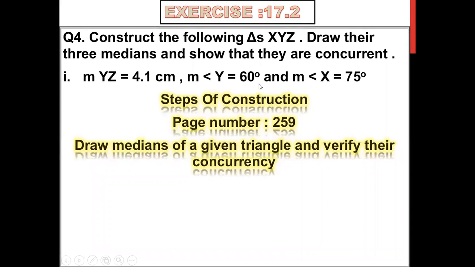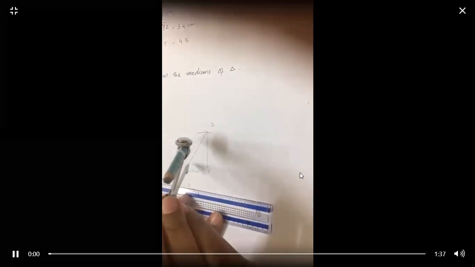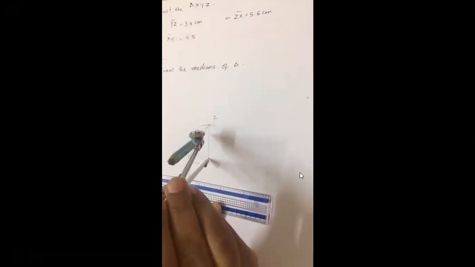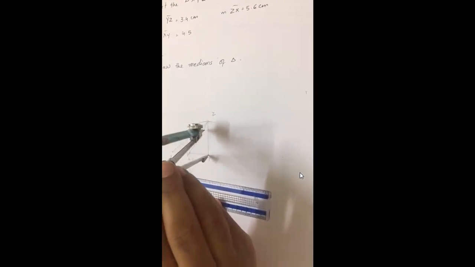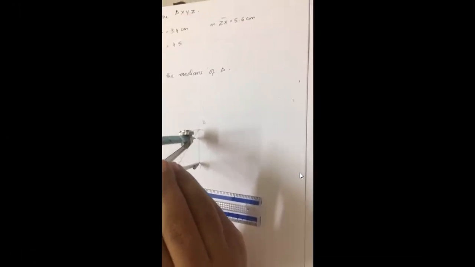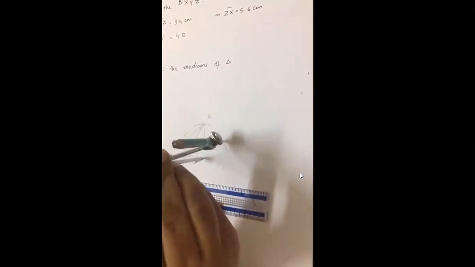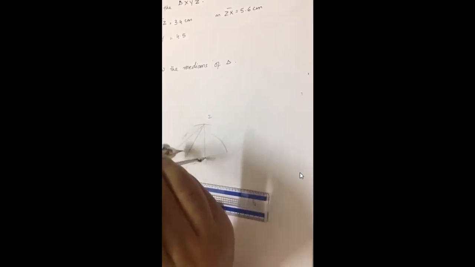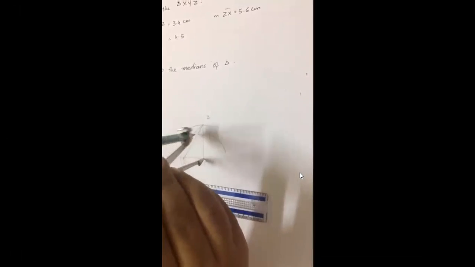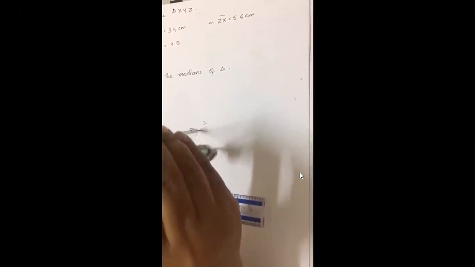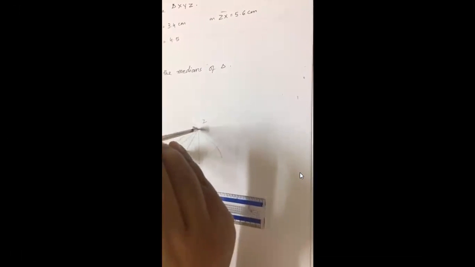Now we have question 4, and in this we will draw the medians of the triangle. We have PZ, one median of the triangle. Now it is the turn of YZ: we open the compass more than half of YZ. With Y as center, draw two arcs, and then with the same radius put your compass on point Z and cut the first and the second.